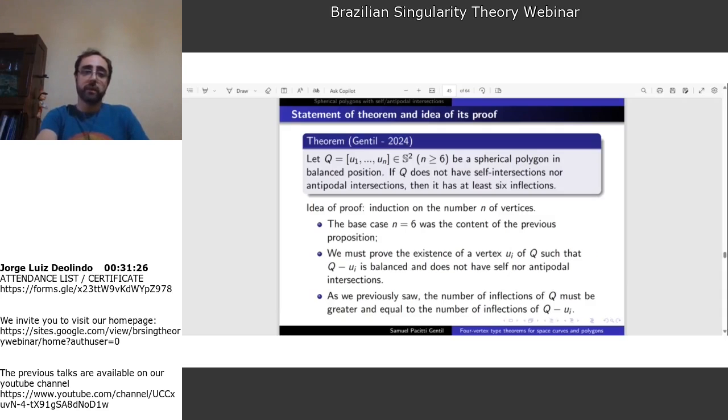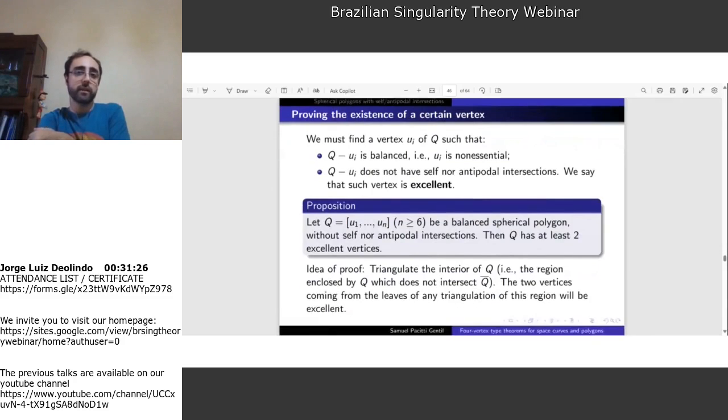In principle, we must prove the existence of a vertex such that the new polygon resulting from the deletion of u_i is still balanced and also does not have self nor antipodal intersections. And as we saw, analyzing a finite number of possibilities, the number of inflections of the original polygon must be greater or equal to the number of inflections of this new polygon.